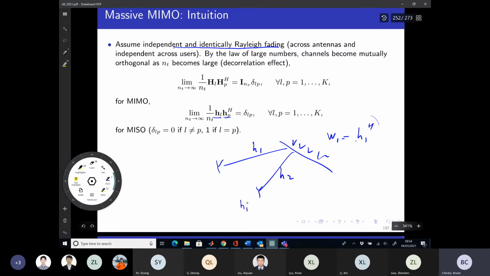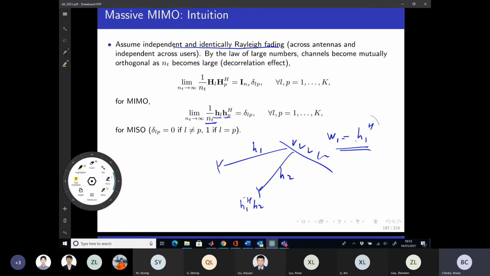If H1 and H2 are non-orthogonal, this is non-zero. But as NT increases, this term will tend towards 0. And so I will experience very small interference at user 2. This is why a low-complexity precoder can be used in massive MIMO in the limit where you have a really large number of antennas.